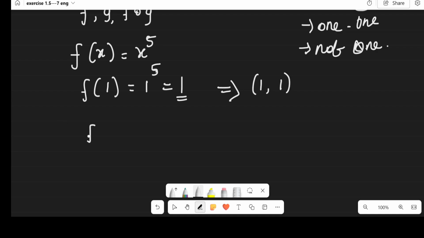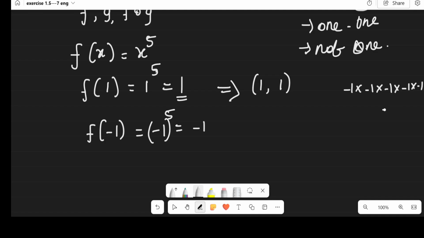Then I'm giving -1. -1 the whole power 5 equals -1, right? If you multiply -1 into -1 into -1 into -1 into -1, 5 times, we'll get -1 as the answer. So here -1 is input, -1 is output.